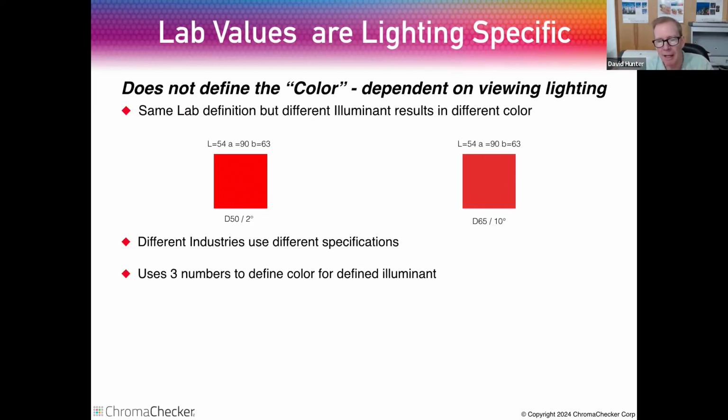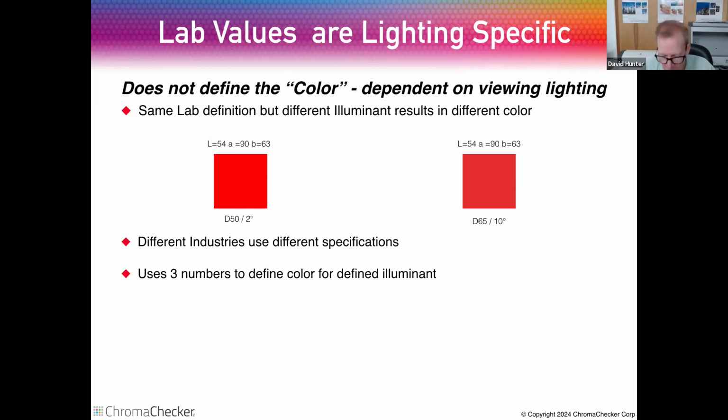There's more that goes into LAB. It's not just illuminant, but it's also the angle of the observer. So as good as LAB is in that it's device independent, it is dependent on the lighting that you're using to look at that color. We have all sorts of lighting that we have to deal with, and we don't want colors that are lighting dependent.